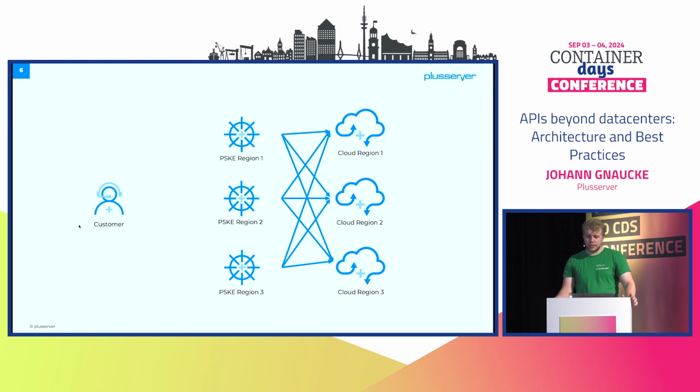One problem that arises from this is that our customer now has 3 different domains or endpoints he needs to interface with to get the status of their clusters or retrieve or create new clusters. And with our current implementation, the customer would also get 3 different sets of credentials to log into PSKE, which probably would make him really sad.